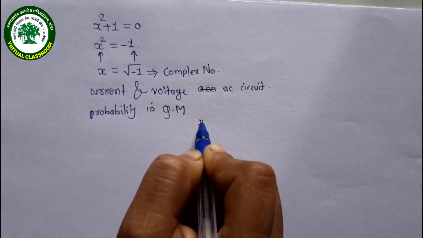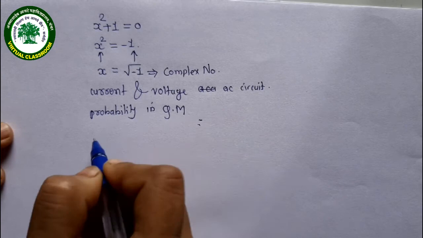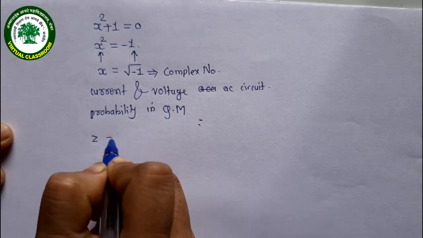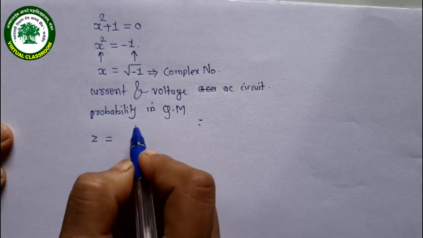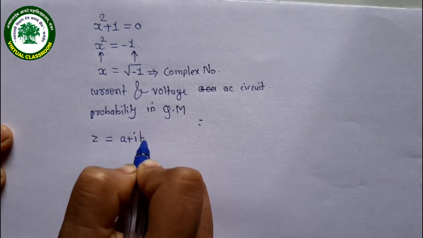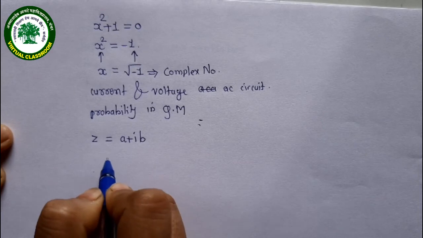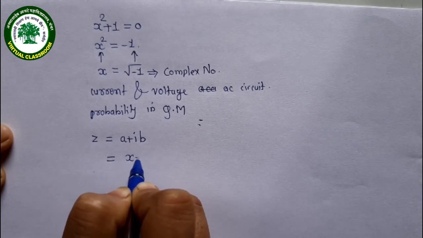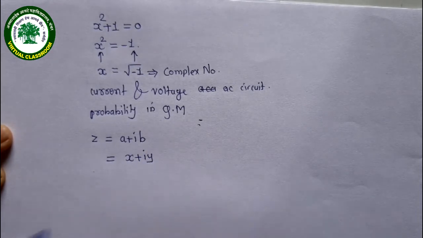These complex numbers are represented as follows. Suppose we have letter Z representing a complex number, then this Z is written as A plus iB, or sometimes it may be written as X plus iY in some textbooks.